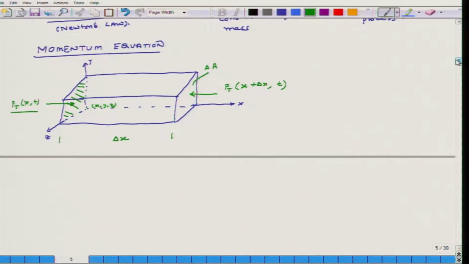So, my Newton's law says that the sum of all the forces in x direction is equal to the rate of change of momentum in x direction with respect to time.